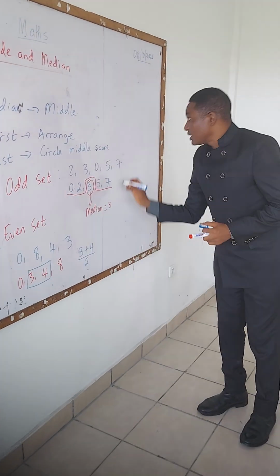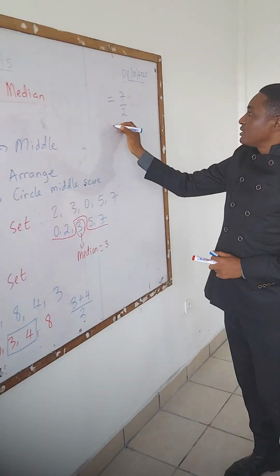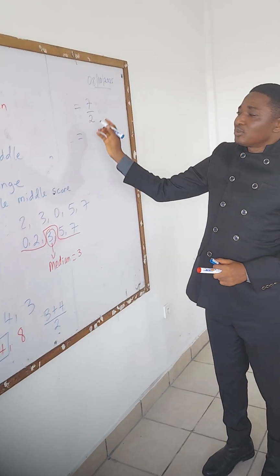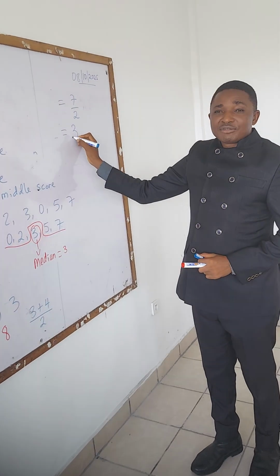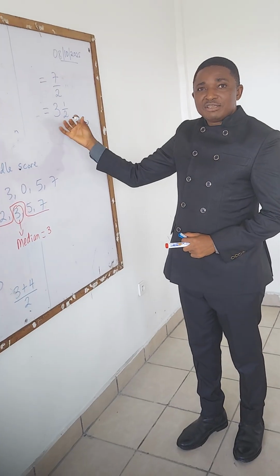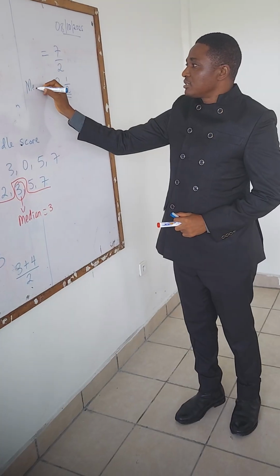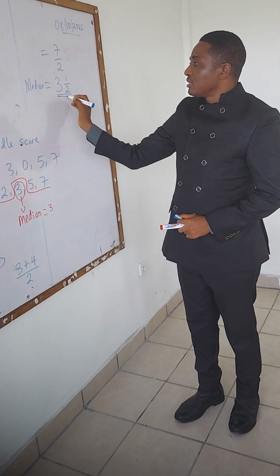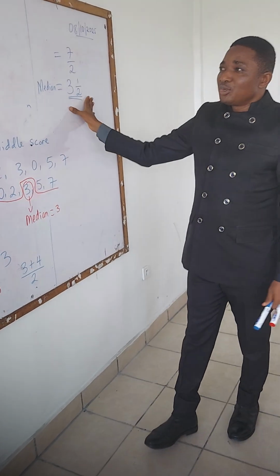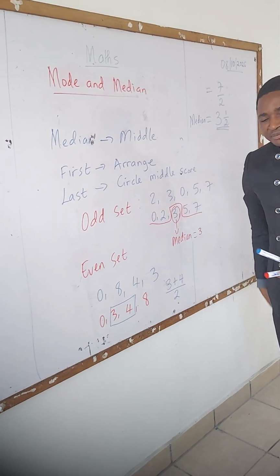And 3 plus 4 is 7. 7 divided by 2, this is 7 halves. So that gives us 3 for each person, and there will be 1 left over, and we'll divide it by 2. So that gives us 3 and a half. So our median is 3 and a half. So this is how we calculate the median for an even set of data.